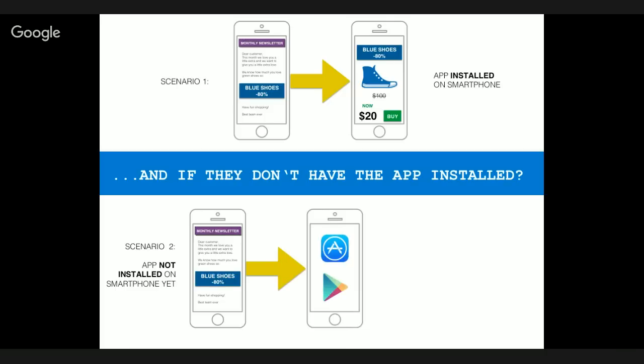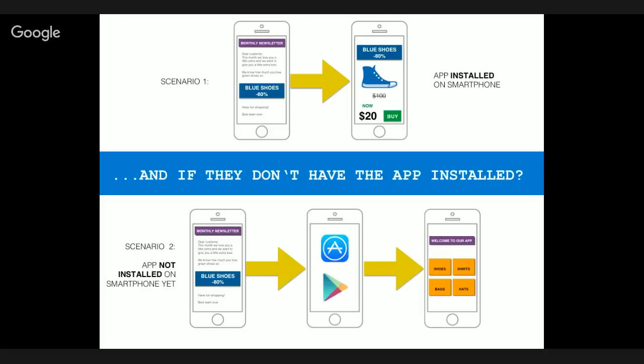These users are going to end up in the App Store. They download the app, they install it, and they click to open your app, and they land on the first page of your app. However, with deferred deep linking, even after they've installed your app, you can send them right through to the in-app content that you were promoting in the first place.